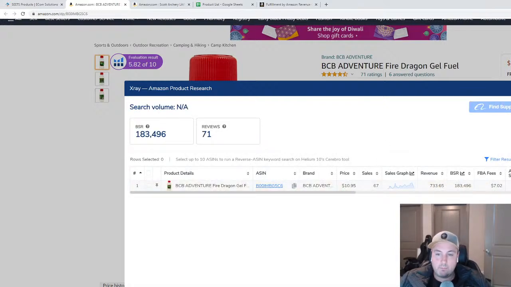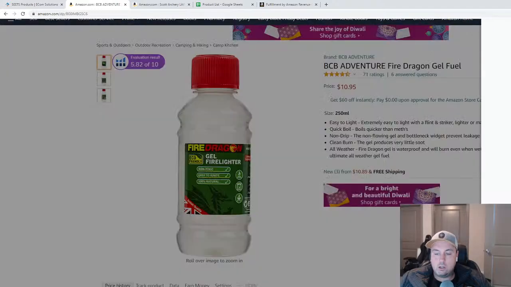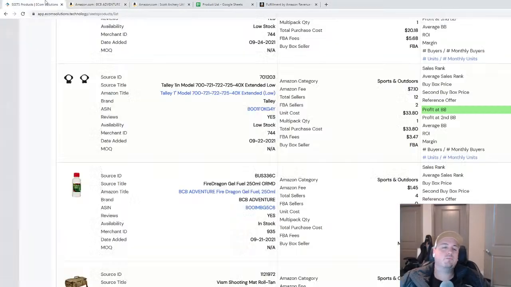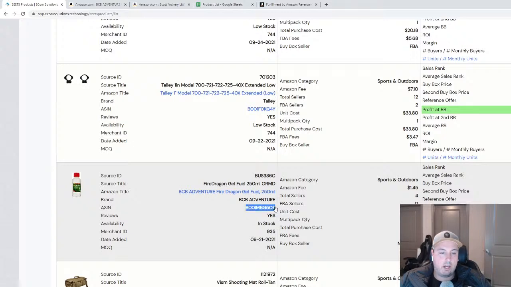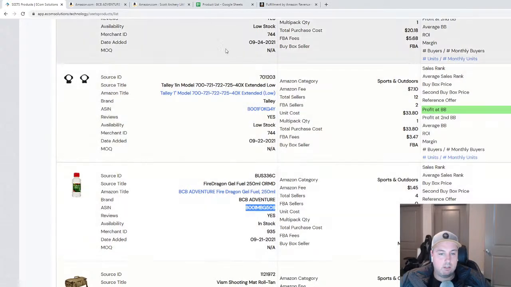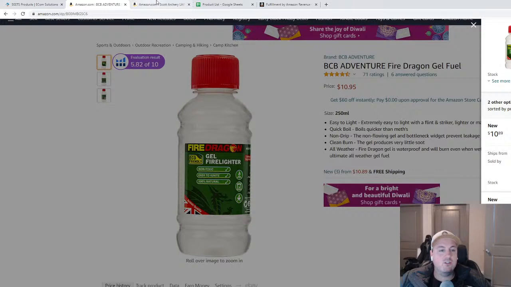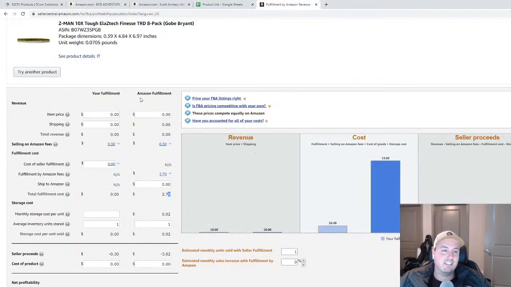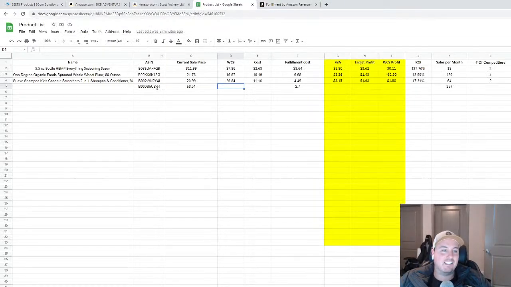It's not bad. There's no Prime, so I'm going to look this up after I get off here and figure out whether or not I can actually sell it. It might be considered hazmat. There's no way they would allow gel lighter fluid in their warehouses. I can't imagine that that's even possible.